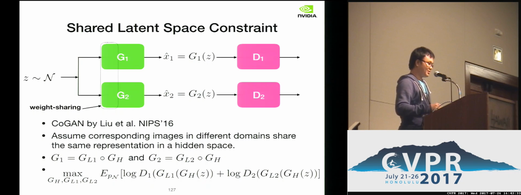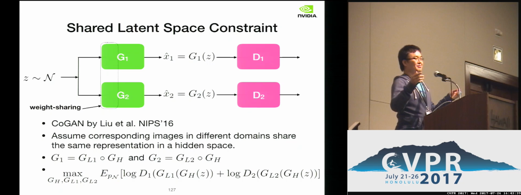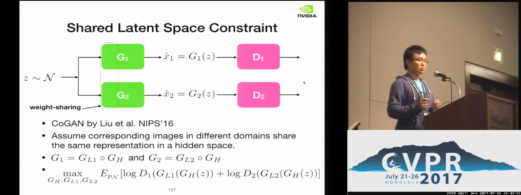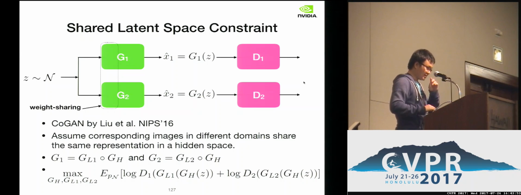Another way people use is the shared latent space constraint. Like I said earlier in the GAN paper, we assume images of the same scene have the same high-level representation, and the use is to generate a joint distribution from samples of marginal distributions. So you can use this shared latent space constraint to achieve unsupervised image-to-image translation.